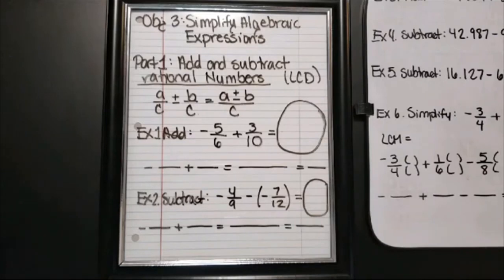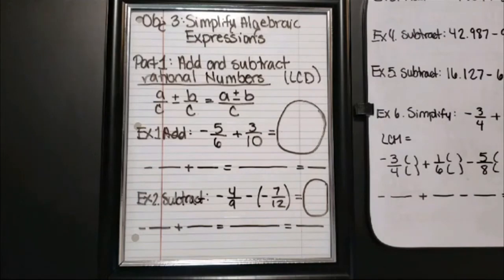So for part 1, we're going to go over adding and subtracting rational numbers. For part 2, we're doing multiplying and dividing rational numbers. For part 3, we are going to evaluate exponential expressions.